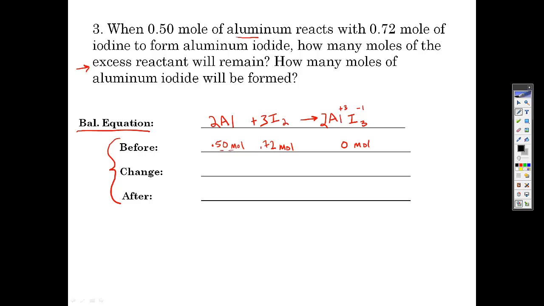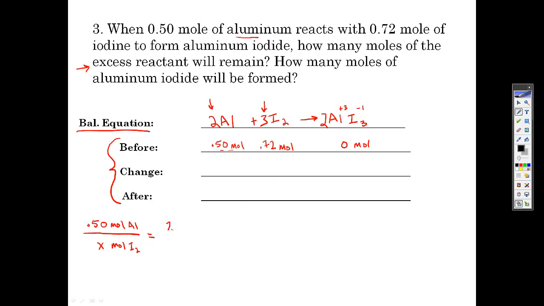If I was going to react 0.50 moles of aluminum, how much of the other reactant would I need? Let's set up a ratio for that. If I have 0.50 moles of aluminum, how many moles of iodine am I going to need? Well, I can figure that out using my molar ratio, the coefficients in my chemical reaction.